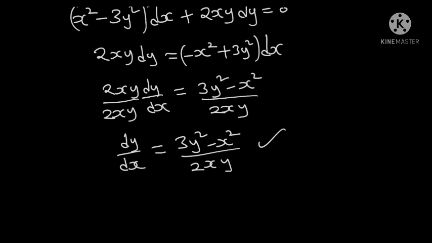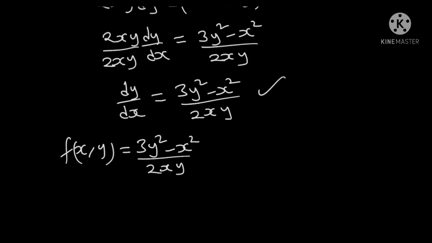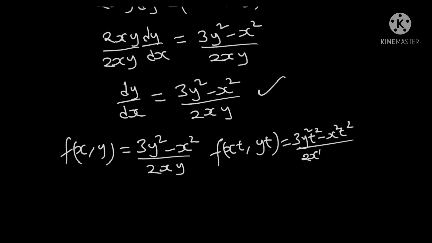From this point, we need to show that indeed this equation is homogeneous. So our f of x, y equals 3y squared minus x squared over 2xy. Our f of xt, yt will be equal to 3y squared t squared minus x squared t squared over 2xt yt.